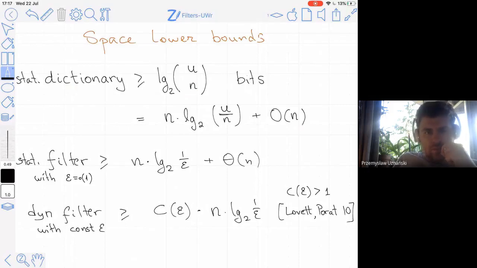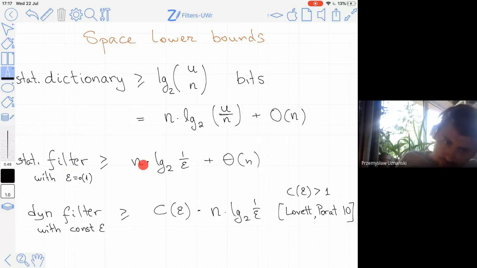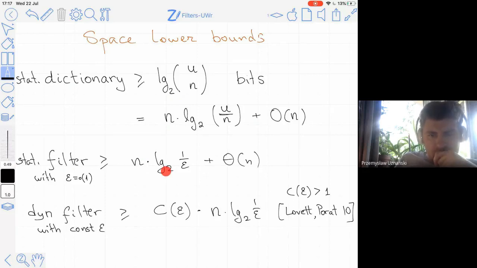And if you want to use fewer bits, then the filter helps you, because the lower bound for a static filter, you plug in, instead of U, you plug in n over epsilon, and then the lower bound becomes n times log of 1 over epsilon plus big theta of n. And what I wrote here is true if epsilon tends to 0 as n tends to infinity.